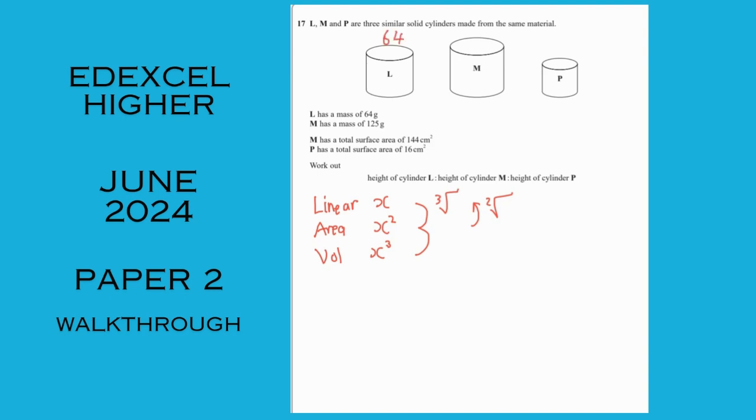So let's take our information. You're told mass. Now, mass is a three-dimensional thing, and it's no coincidence these are two cube numbers. So based on them being related to volume, we need to cube root them to get a proportion of their height. So it's not the actual height, it's just a proportion. So in a linear sense, there's a scale factor of 1.25.